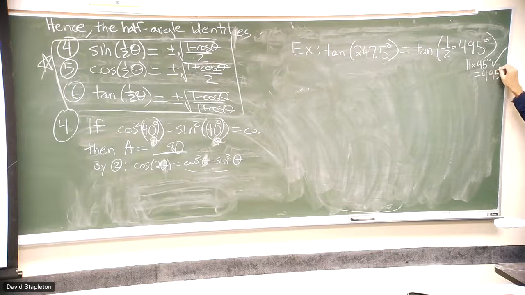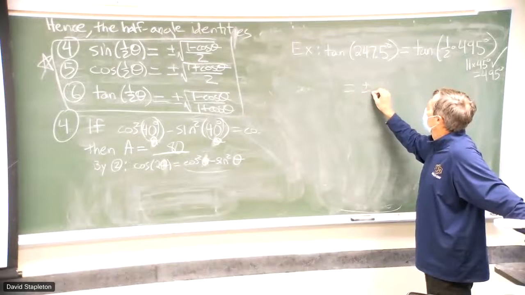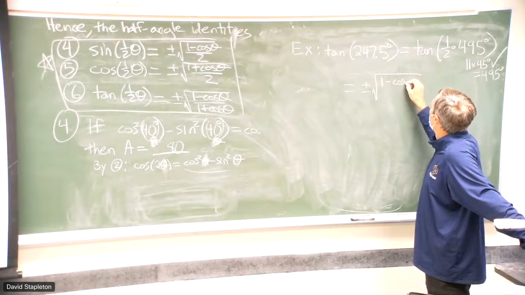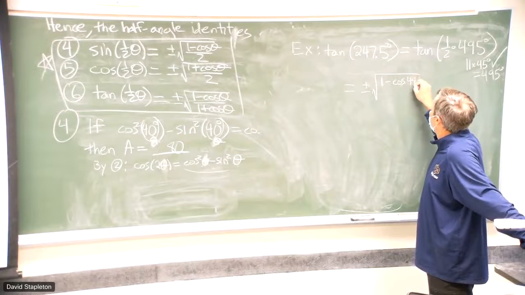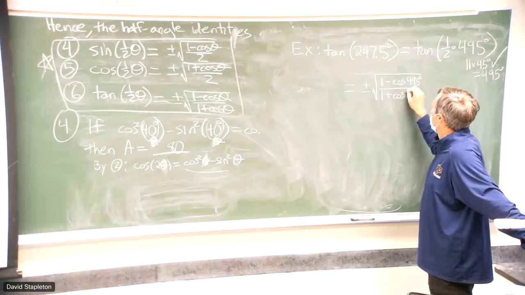Okay, well, 11 times 45 degrees is 495. So we can do this one by the half angle formula. How are we going to do it? So the tangent is plus or minus the square root of 1 minus cosine of the whole angle, 495, over 1 plus the cosine of the whole angle, 495.